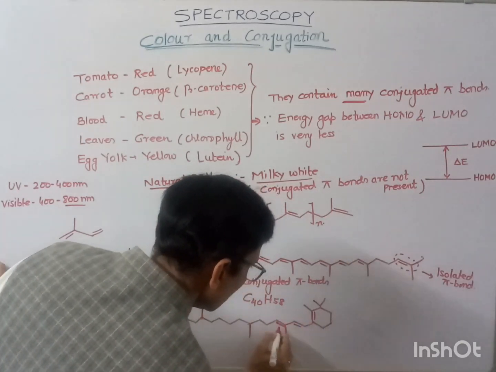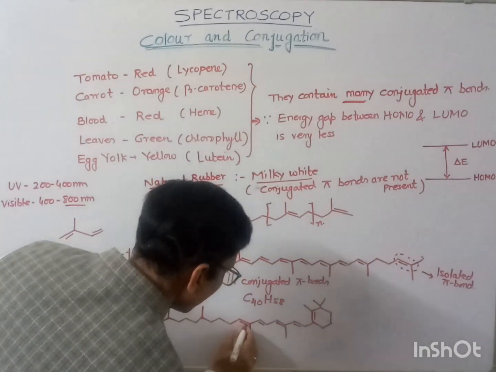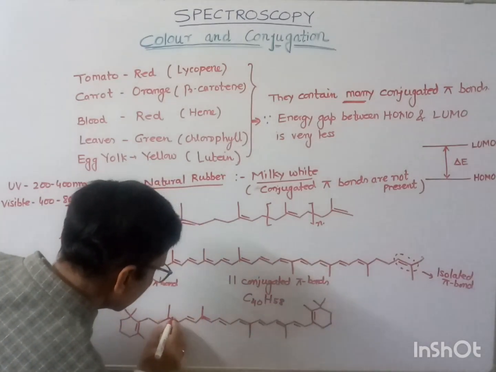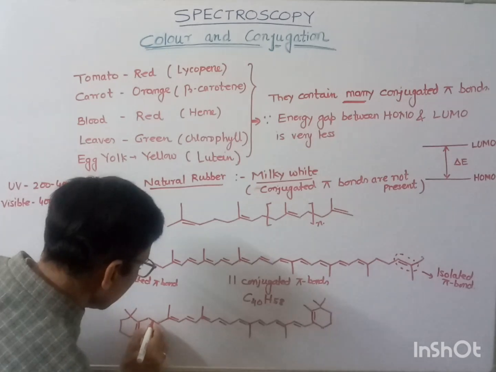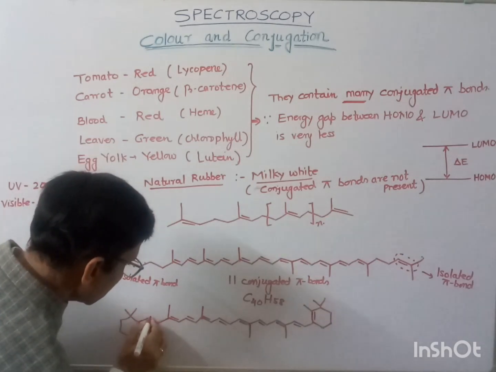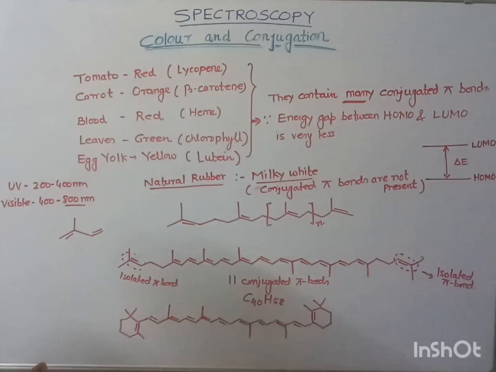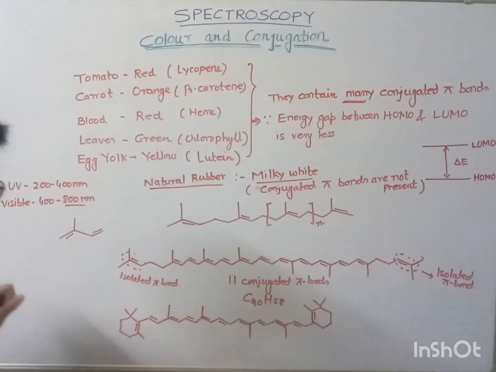So 1, 2, 3, 4, 5, 6, 7, 8, 9, this is 10 and this is 11. So it has 11 conjugated pi bonds in beta carotene.